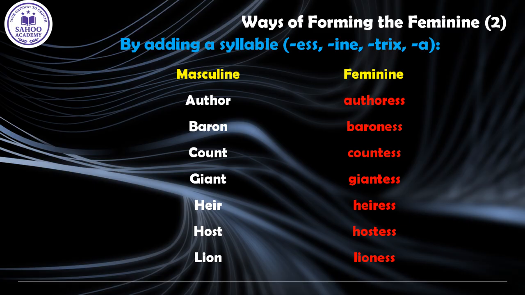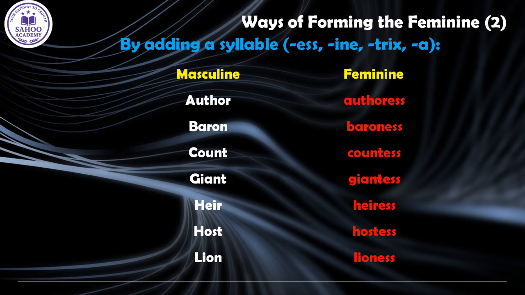This pattern continues clearly. Giant becomes giantess, heir becomes heiress, host becomes hostess, and we have already seen lion becomes lioness. While ess is the most common, other feminine forming suffixes you might encounter include ine, that is hero, heroine, and trix, that is aviator, aviatrix, and administrator, administratix.